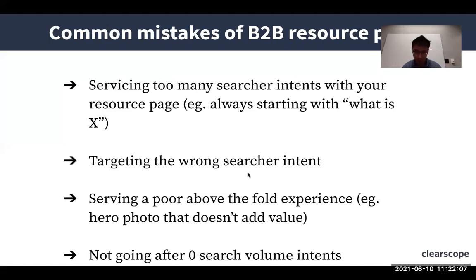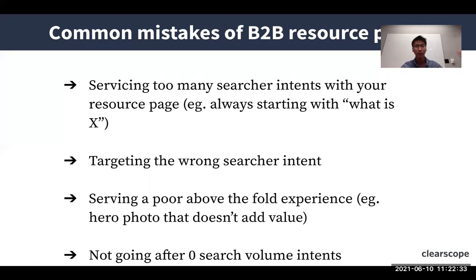Again, the most common mistake that we see people make is that they try to service too many search intents with that particular page. They might say, okay, let's start with what is AI for retail? Again, that's not why the user is here on your page, right? They clicked in because they wanted to see something about the benefits of using AI in retail.